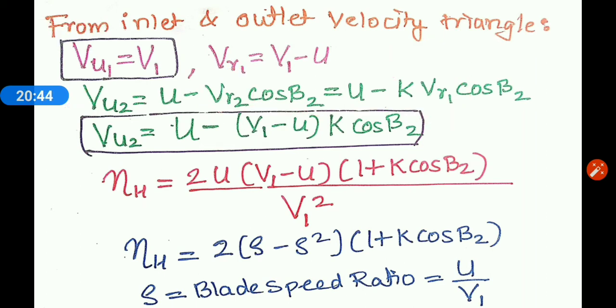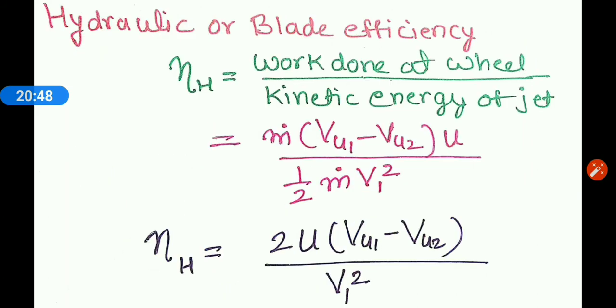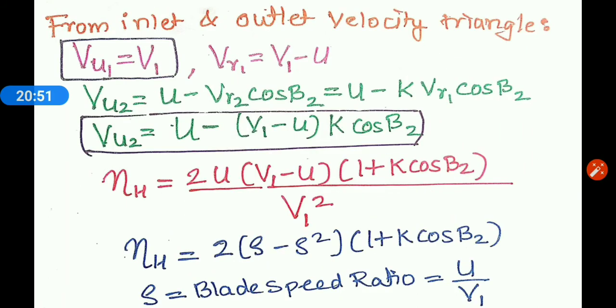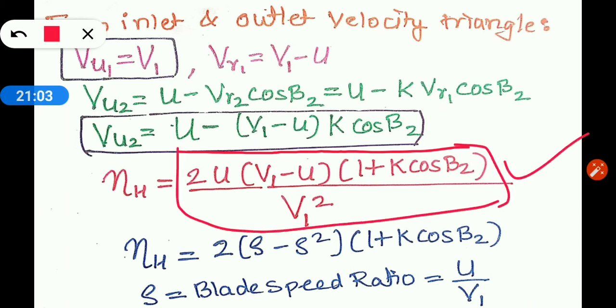So if you simplify it, Vu2 is equal to U minus (V1 minus U) into K cos beta 2. So if you put these values, we have converted the efficiency formula in terms of absolute velocity and blade velocity.